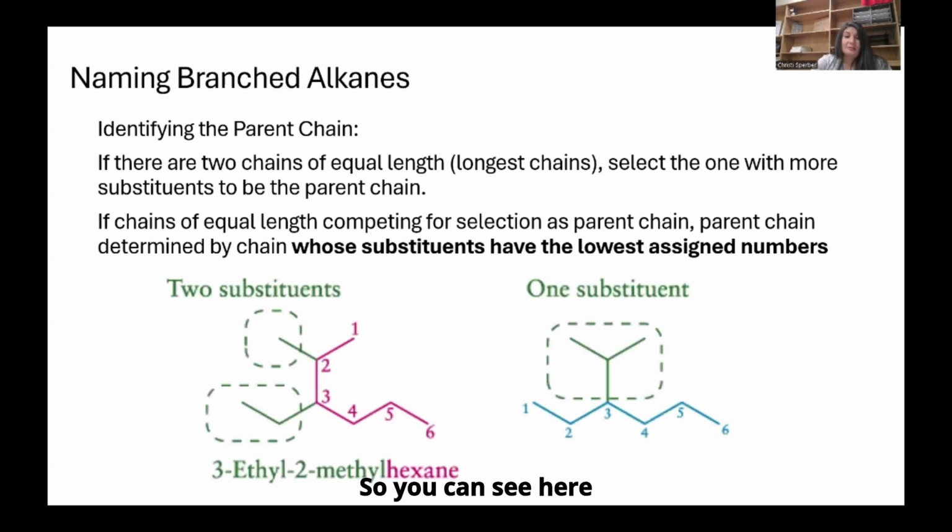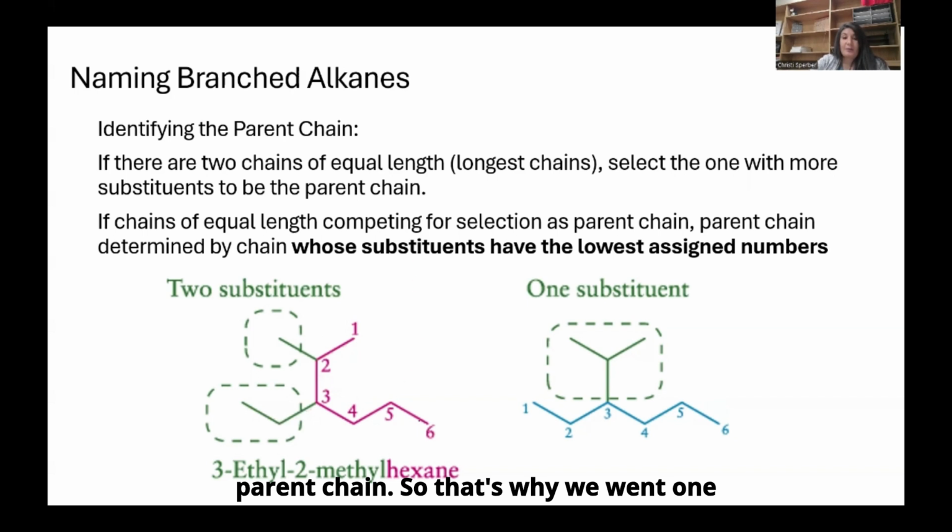So you can see here, we have 2 substituents on our parent chain. We found our parent chain. If we did 1, 2, 3, and we went left instead, this would be 4, 5. This chain is less than 6, therefore that would not be the correct parent chain.